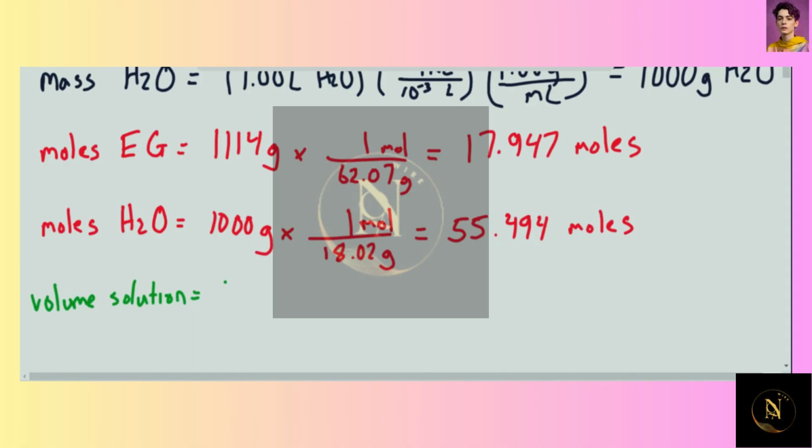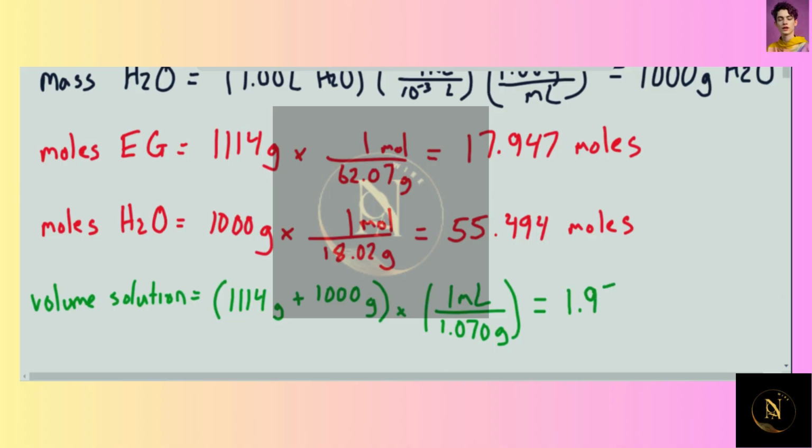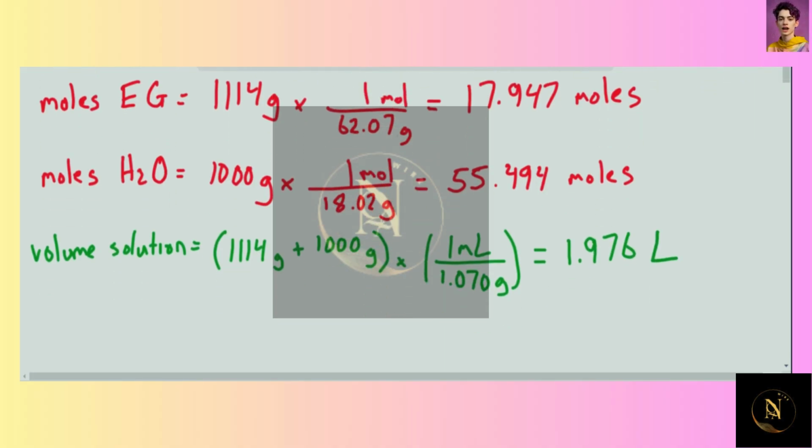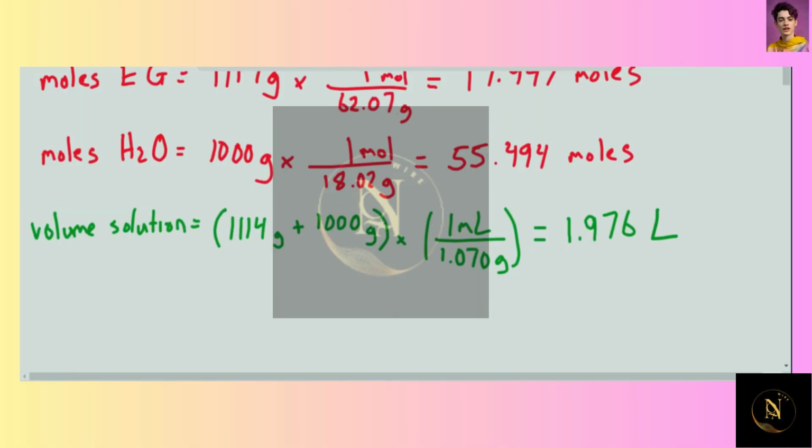The mass is not going to change upon the addition of the two species together, so we add these masses together and divide by the density, 1.070 grams per milliliter, and it gives a value of 1.976 liters. So the volume is not additive like the mass is. The volume is reduced a little bit from what we would expect.